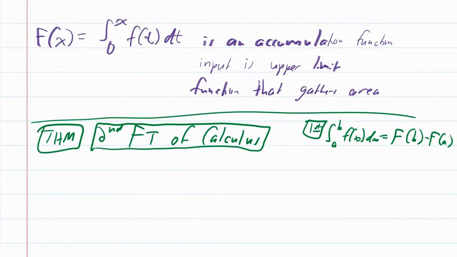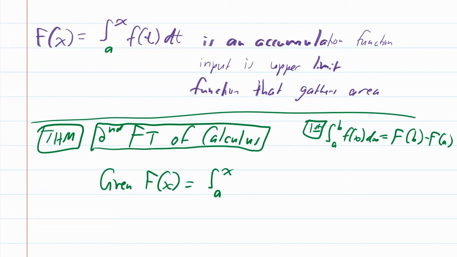And what it's saying is that if I have this f of t, say given big F of x is equal to the integral from 0 to x, and I'm not even going to do 0 to x, I'm actually going to just do a to x, some constant a. It doesn't necessarily need to be from 0.